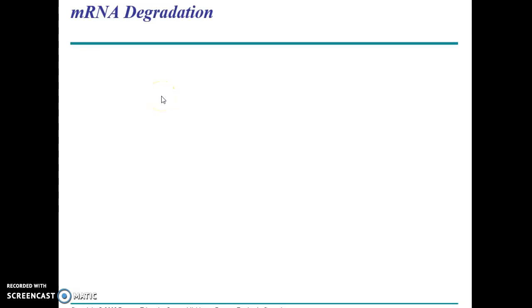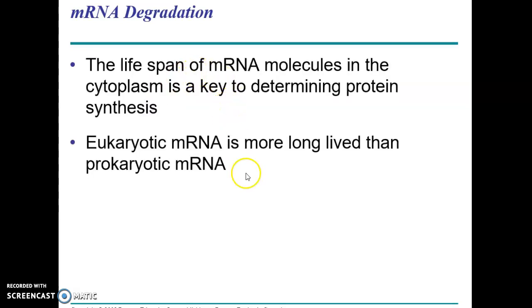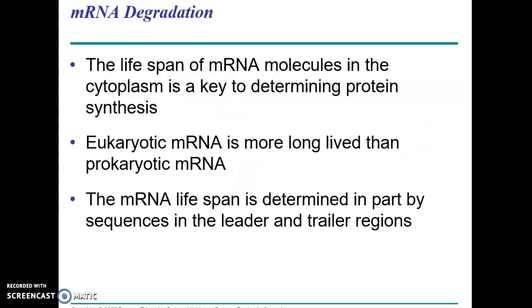That's not how it works. An mRNA can go out of the nucleus and be translated over and over and over again. So some RNAs, depending on the 5' cap and the poly A tail, you know those words, right? Here they're calling it the leader and the trailer regions, but really those are the 5' cap and the poly A tail.